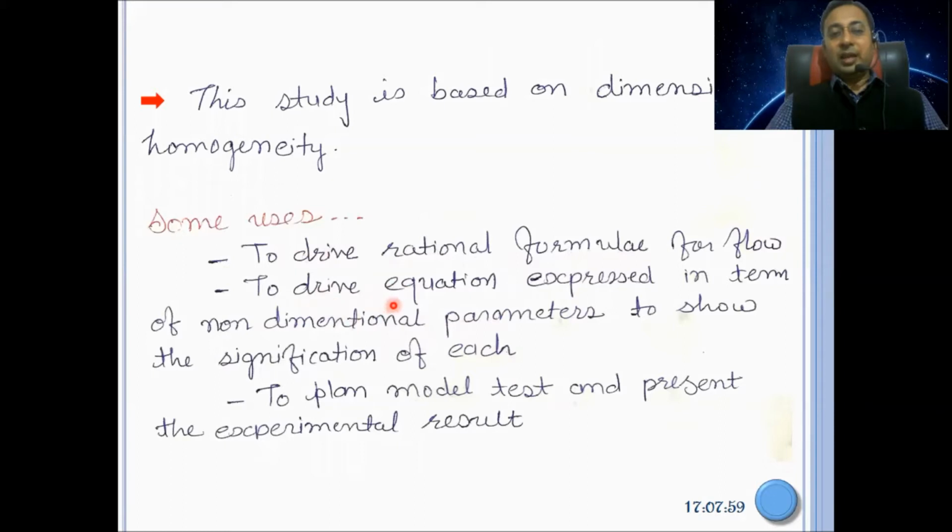It is also to show the significance of each, meaning what is the significance of Reynolds number and Nusselt number. We will discuss all these things. And to plan the model test and present the experimental result. So for this purpose, we use the dimensional analysis.